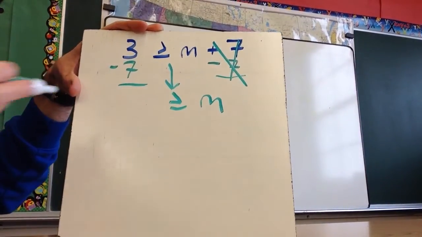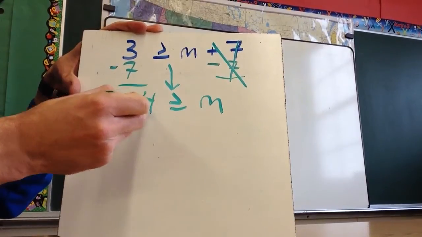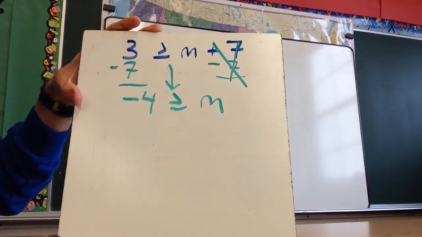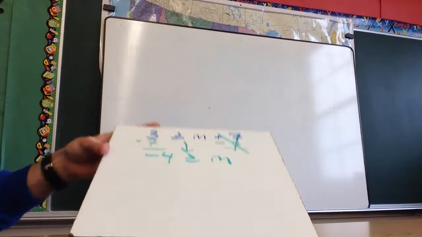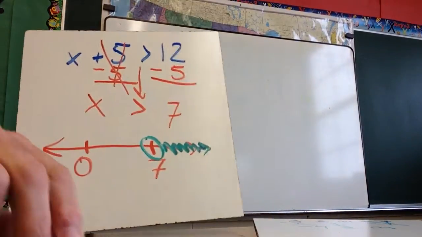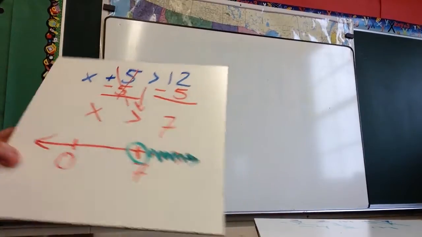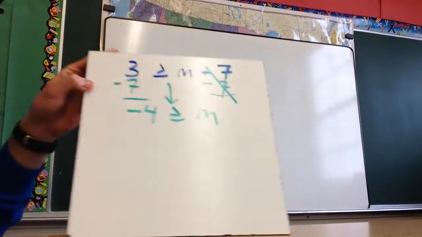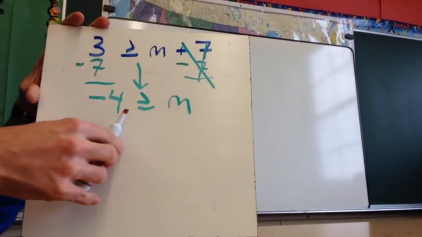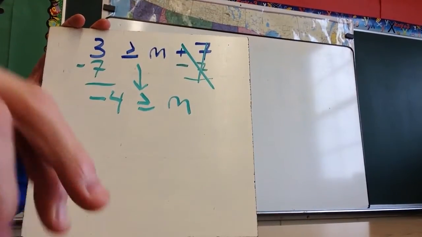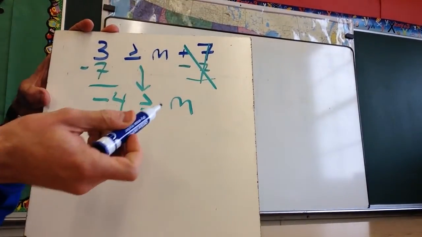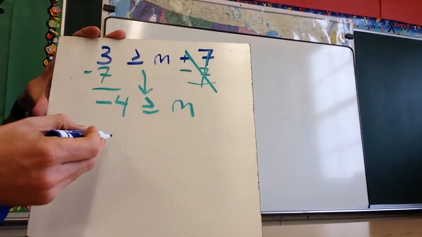3 minus 7 is negative 4. Now the problem is a lot of people leave your answer like that. However, if you think about the problem we just did, the variable is on the left side, and so I can always say x is greater than 7. But my problem over here is I can't really talk about the m because I know that negative 4 is greater than or equal to m. So what I'm going to end up doing is flipping them. I'm going to put the m on the left.